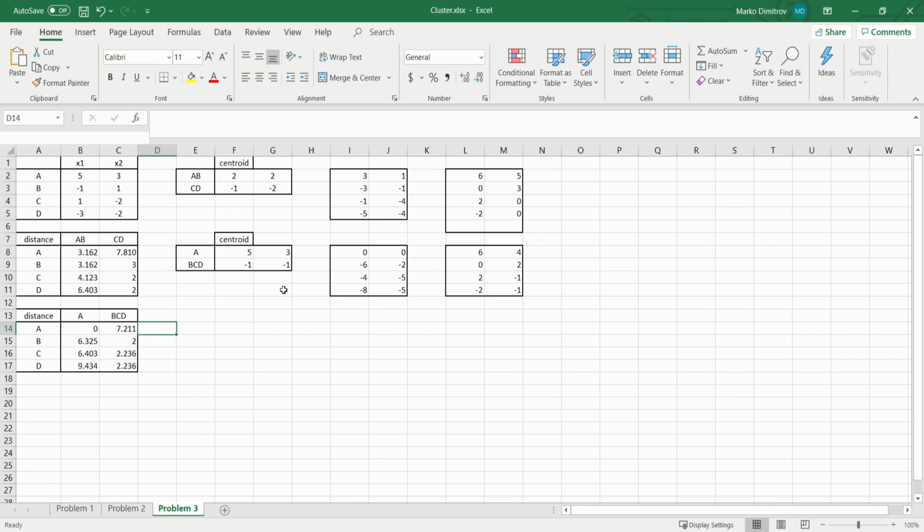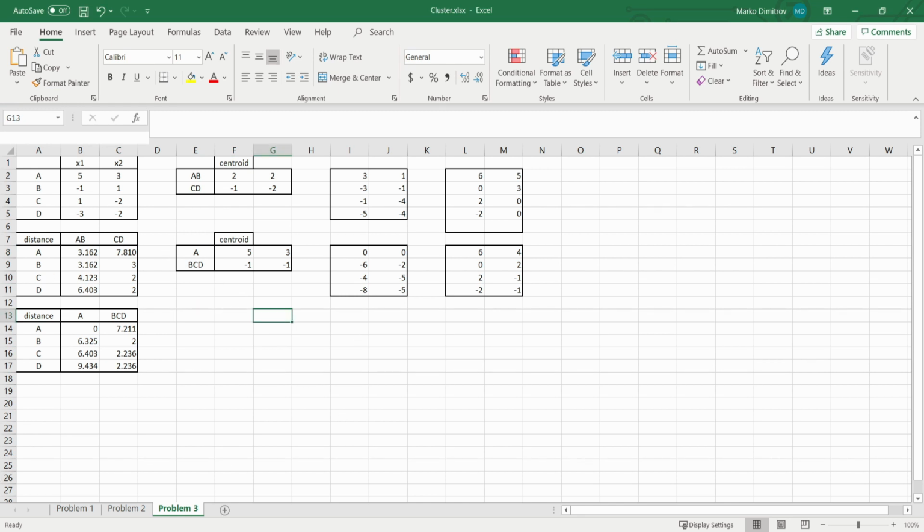If you're given another formula for distance, you just apply it instead of the square root of squared distances. But if we have such an exercise, it will be the classical Euclidean distance. So we have those distances.